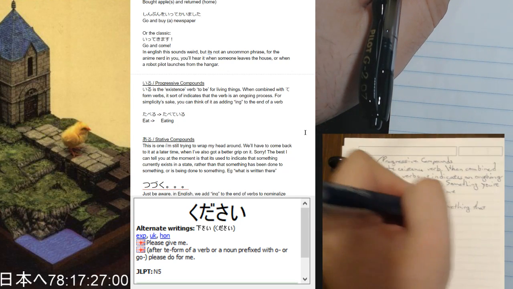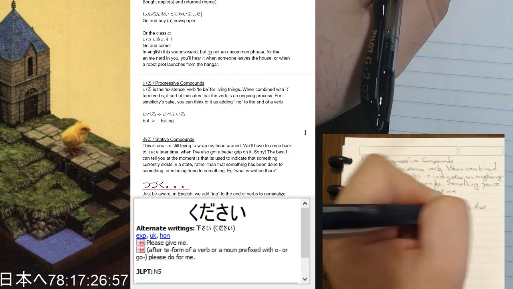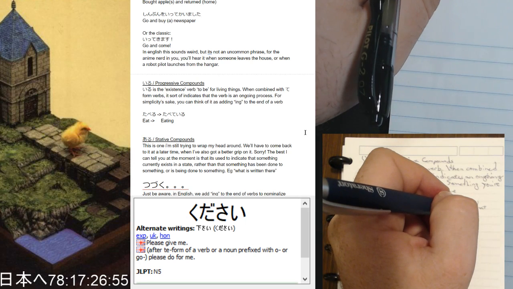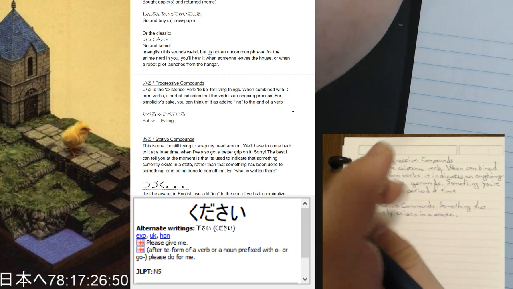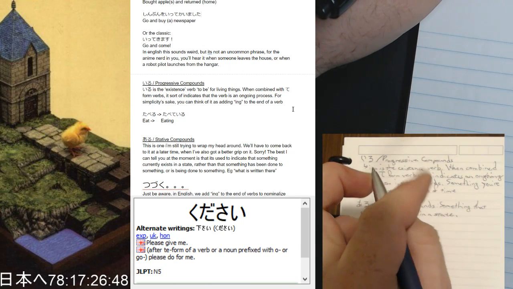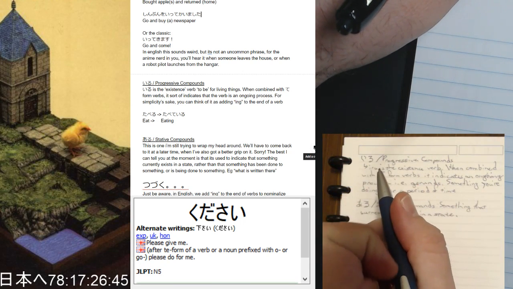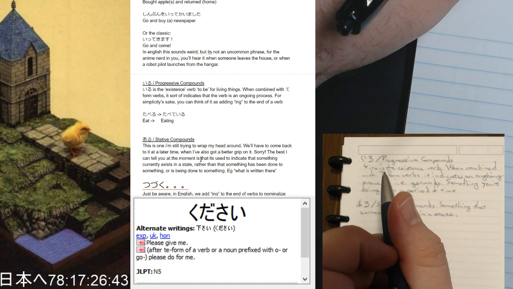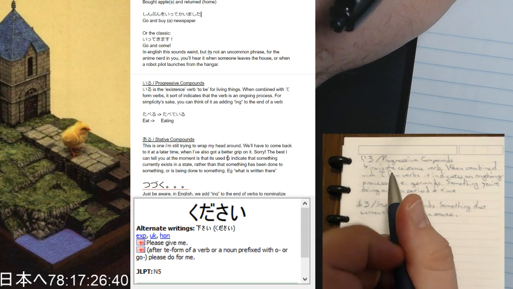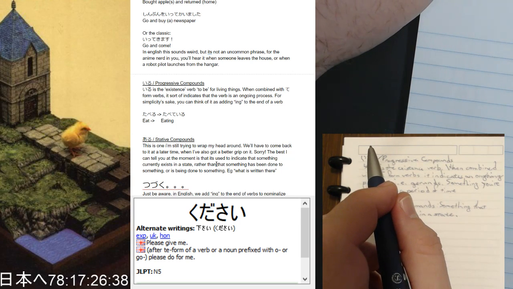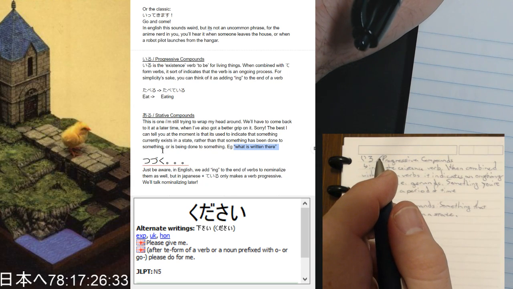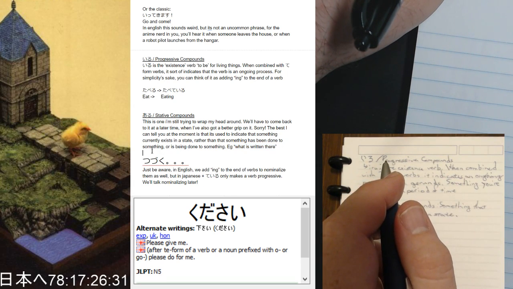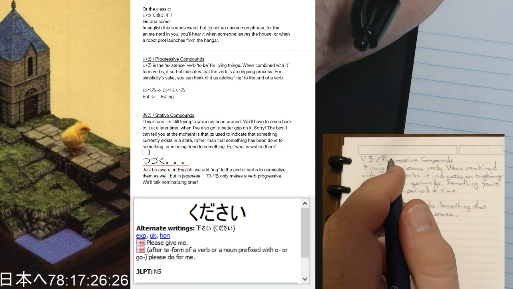It's a stative compound. I've tried looking it up and researching it, and I don't quite understand it from what I've read online. What I've written here is the best I can get, and a lot of that is me apologizing. The best example I have is what is written there. Which is katearu.